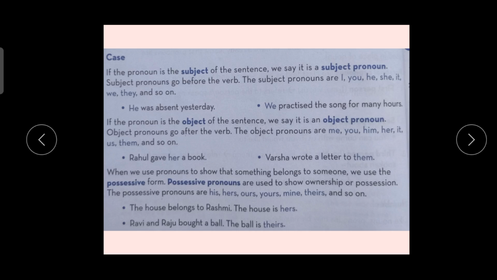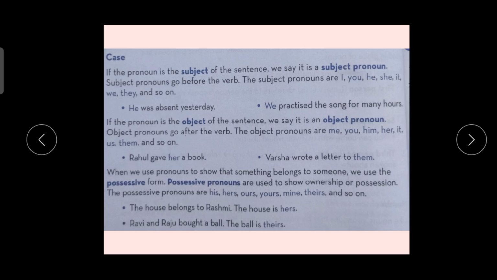The pronouns which are used to show possession or ownership of a person are known as possessive pronouns. For example, possessive pronouns are his, her, ours, yours, mine, theirs, and so on.